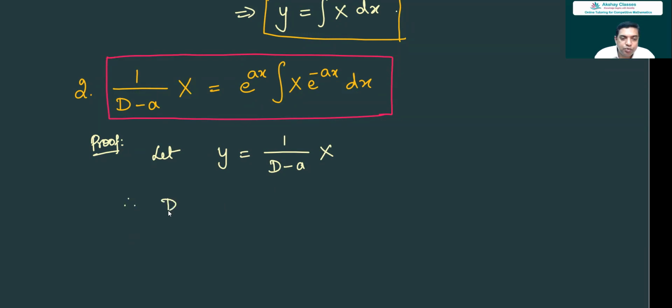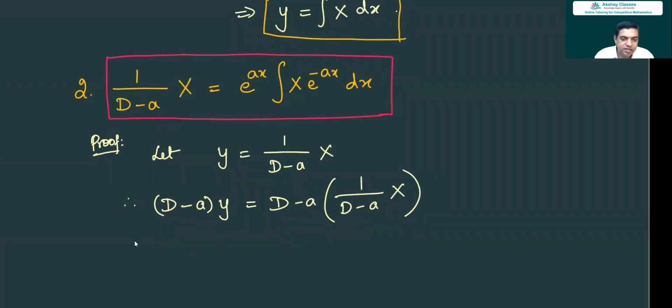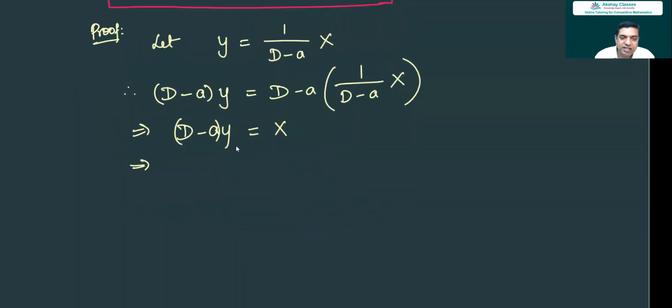Therefore, D minus a times y is D minus a operated on the inverse operator of x. So you get D minus a y is equal to x. So this is dy by dx minus ay is equal to x.